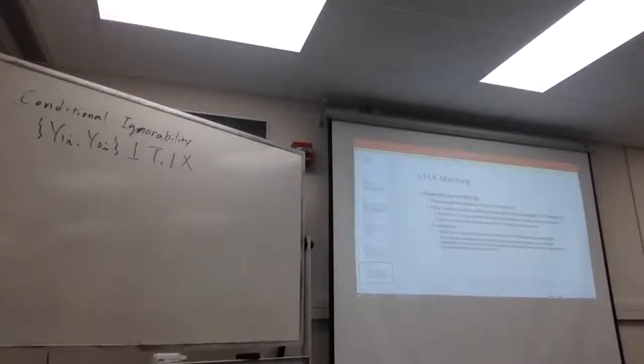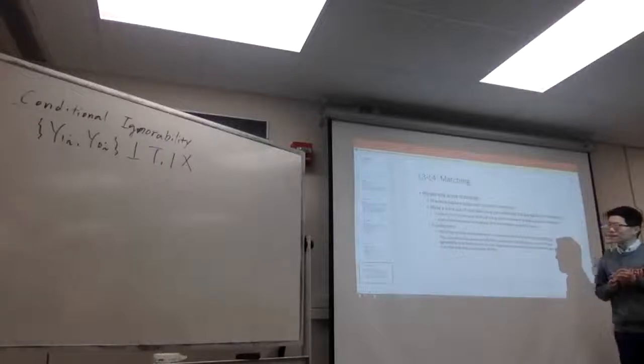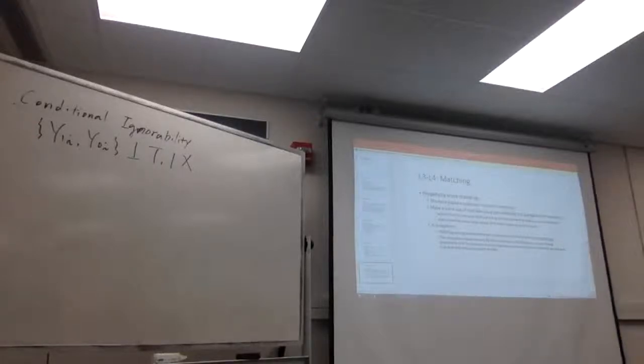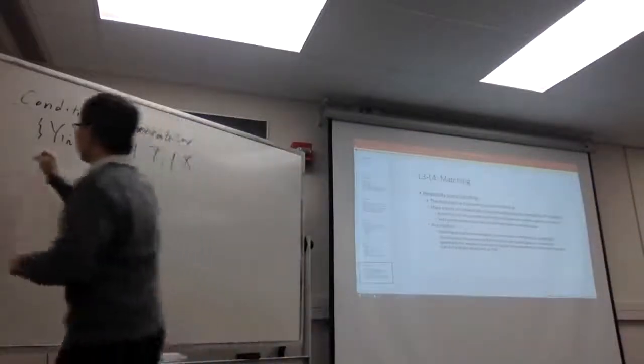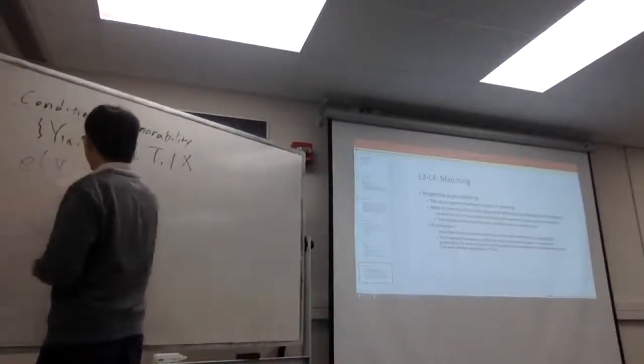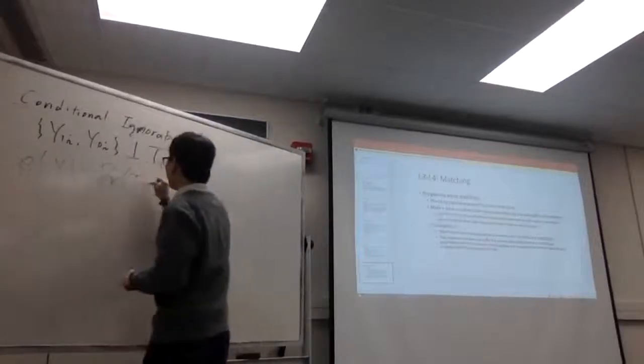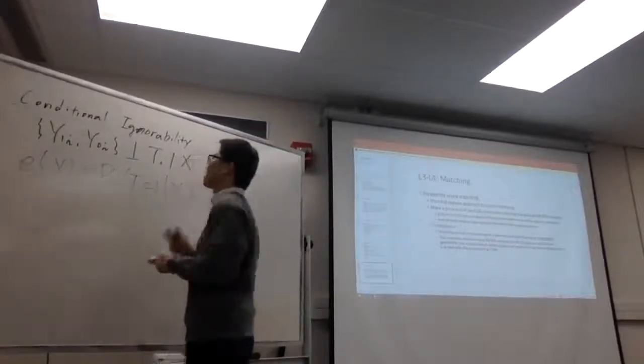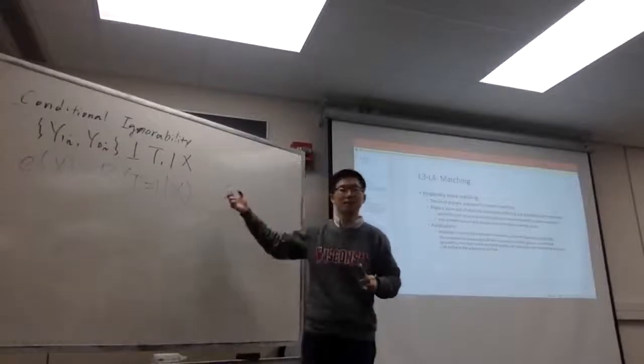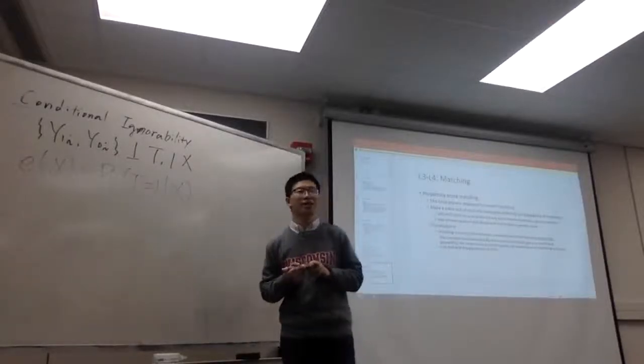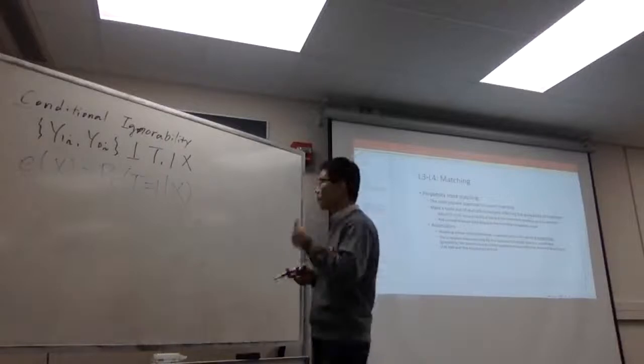So what it does is basically make a score out of multiple covariates affecting the probability of treatment. This is called the propensity score: e(X) is the probability of treatment given X. This is propensity score matching. Okay?